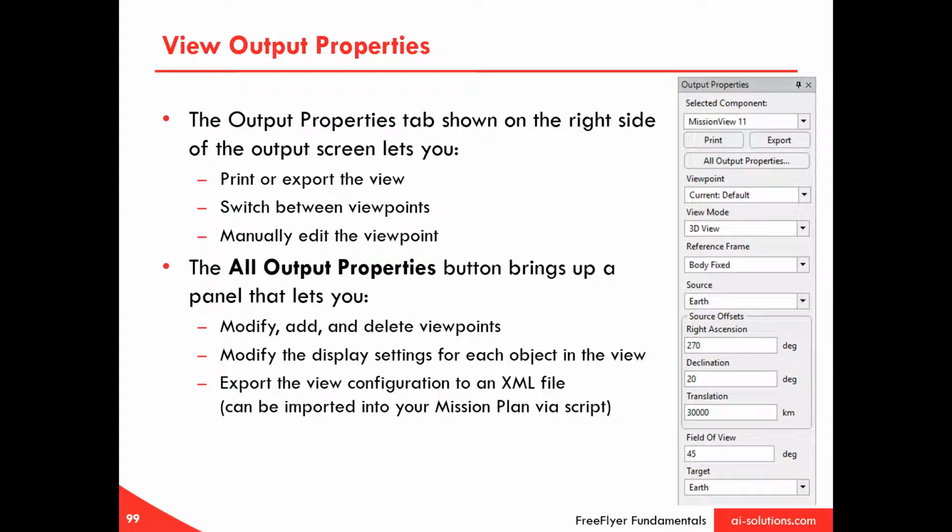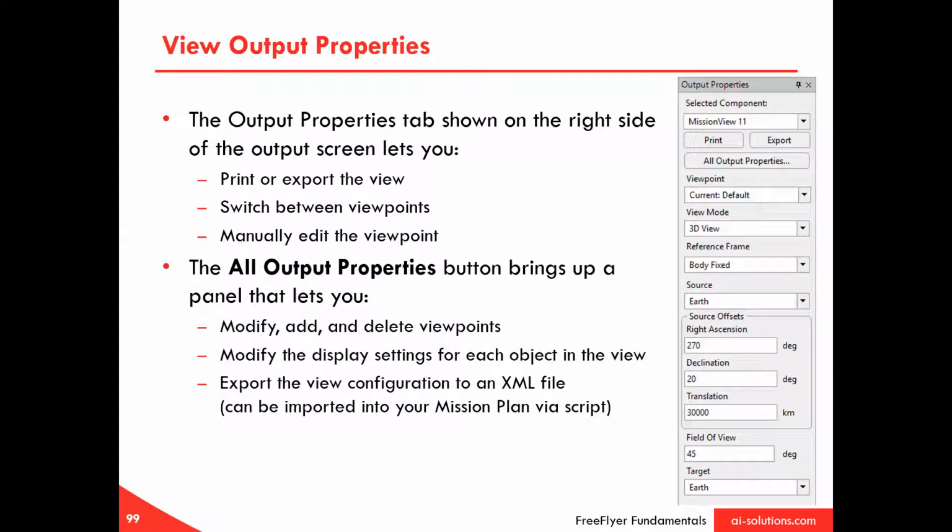I also want to take a moment to talk in more detail about the View Output Properties tab that you've probably noticed shown on the right-hand side of the output screen whenever you're running a mission plan. From the Output Properties tab, you can print or export a view of the screen, you can switch between viewpoints, and you can also manually edit the viewpoint while the mission plan is running.